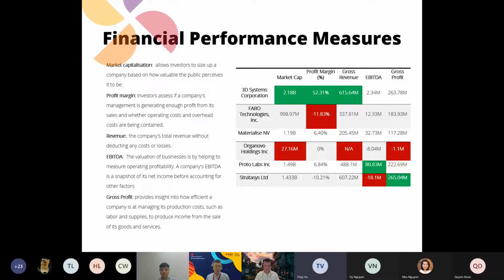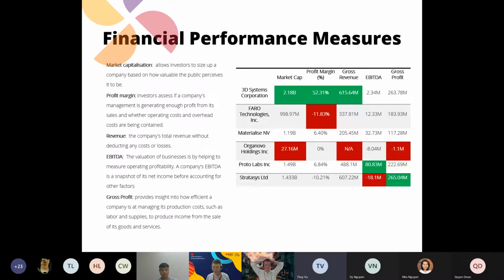These are the financial performance measures that we looked at. We chose these because, first of all, it was inspired by what we did in our class, and also they give us a good picture of how these companies are doing financially.